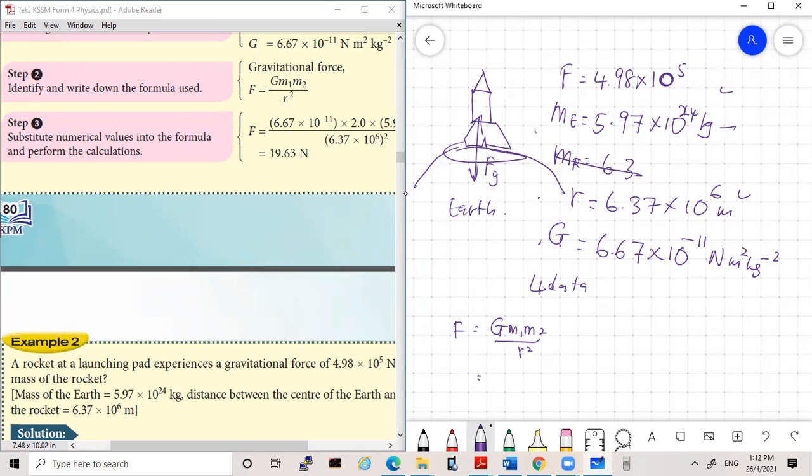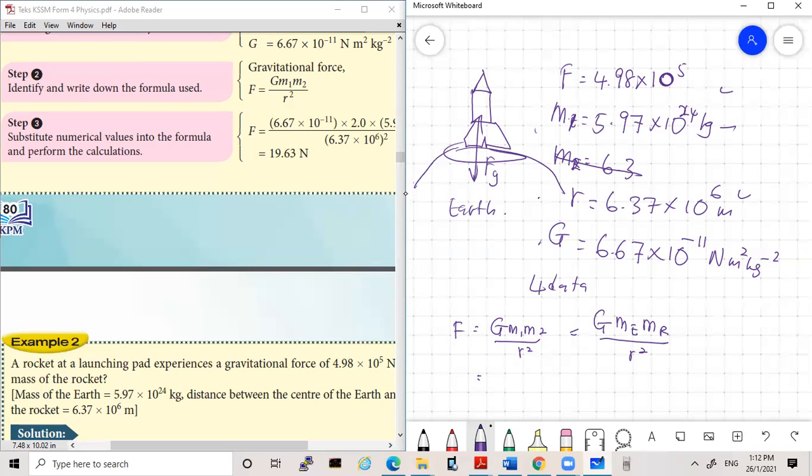In this case, you can convert ME to M1 and MR to M2, or you can just use the same symbols: G times ME, mass of Earth, times mass of rocket, divided by R squared. It's up to you. Let's say I want to use this one, MEMR.